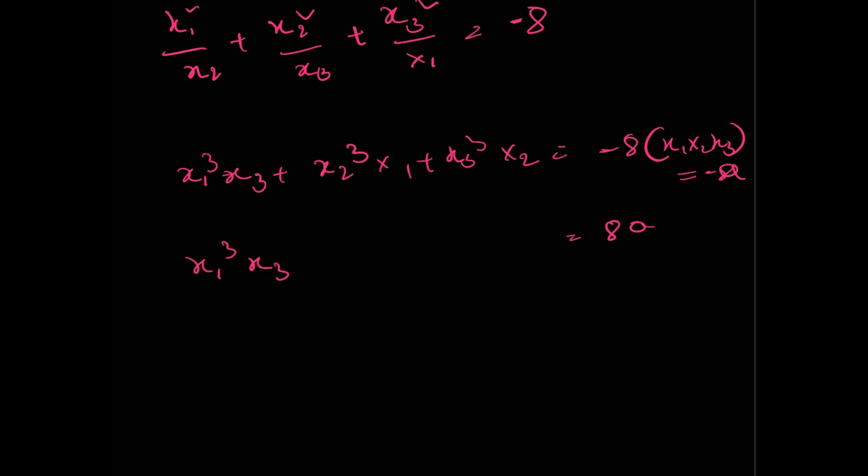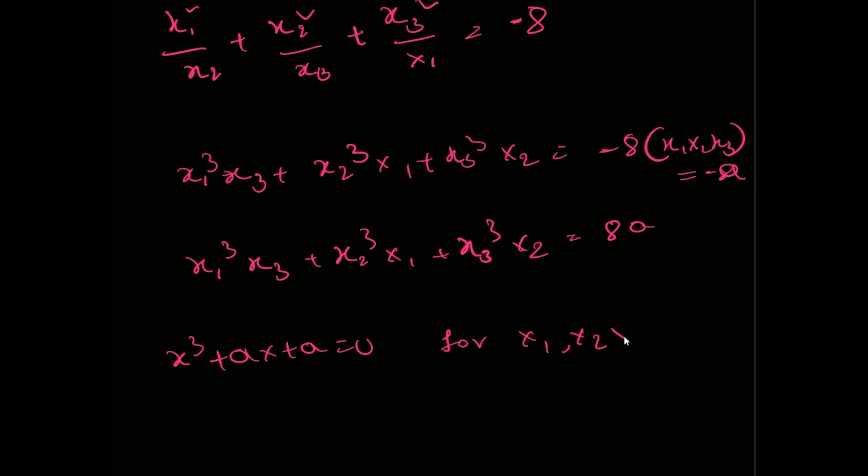Now x1 cube x3 plus x2 cube x1 plus x3 cube x2. We know that x cube plus ax plus a is equal to 0 for x1, x2, x3. That means x cube will be minus a times x plus 1, for x1, x2, x3.